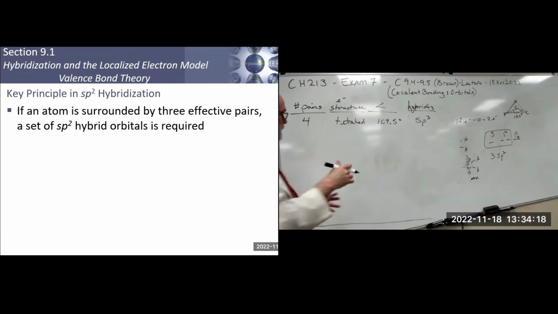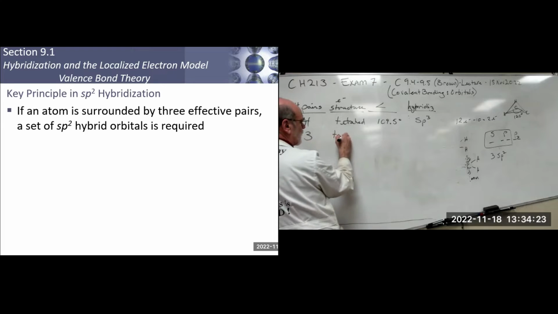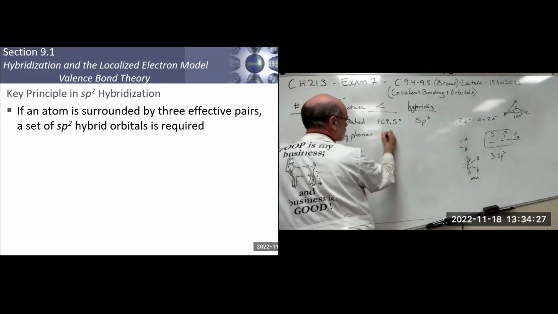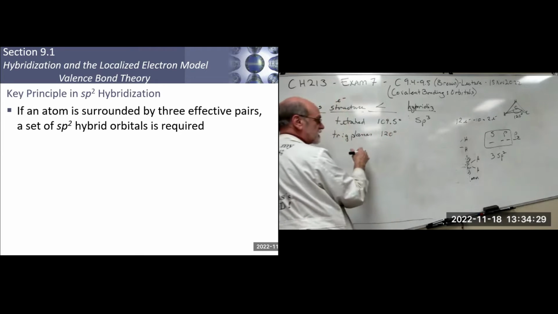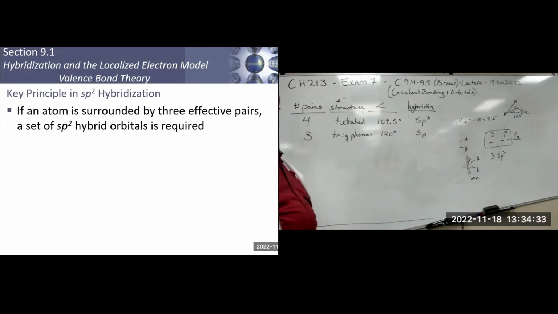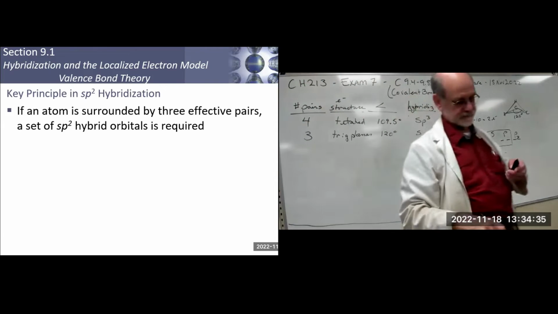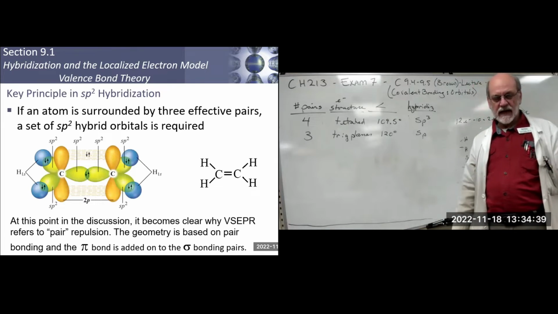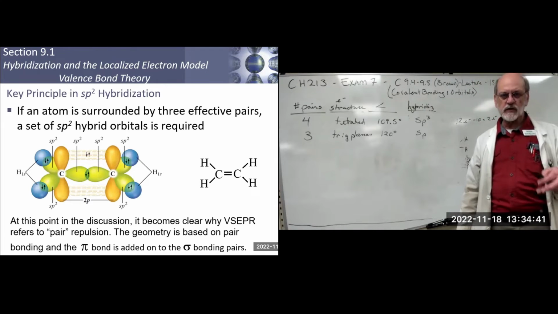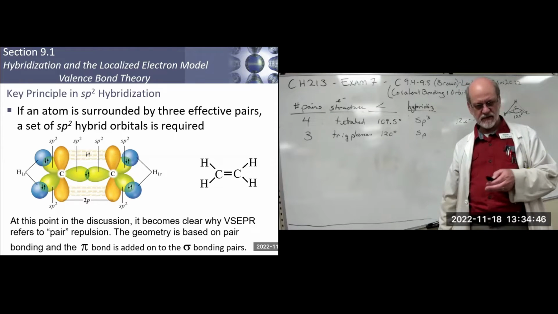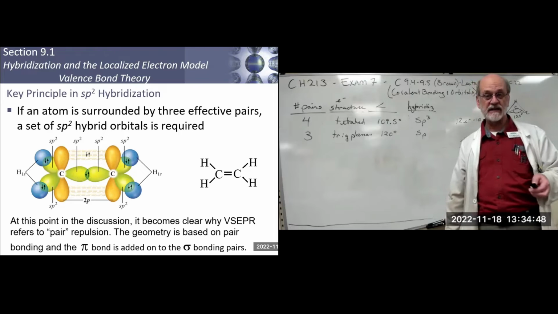And then we just looked at the one where we have 3 pairs around the carbon, and that's trigonal planar. The bond angles are all 120 degrees, and the hybridization is sp2. And this diagram shows you the unused p orbitals that then overlap. It's kind of faint, but they're overlapping to produce the pi bond.